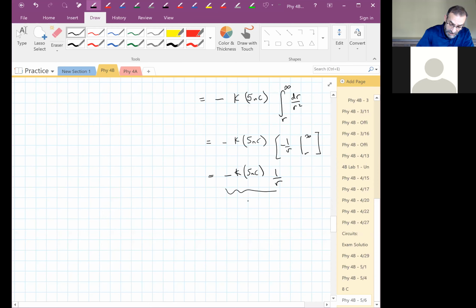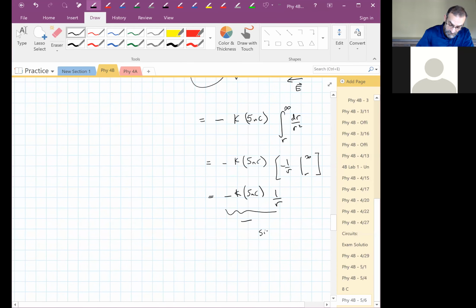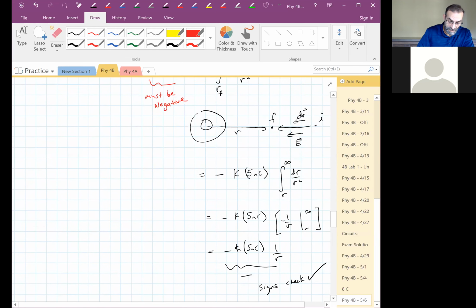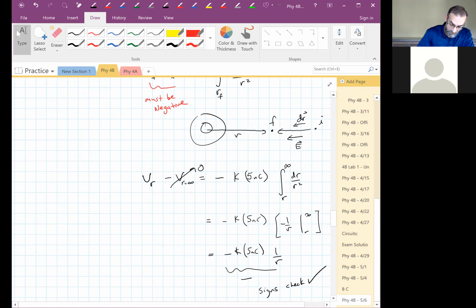So this is negative, so we're good. Now, what do I get on the left side? V final is just V at any location, and V initial is V at infinity, which is 0. So this is just V at any location.